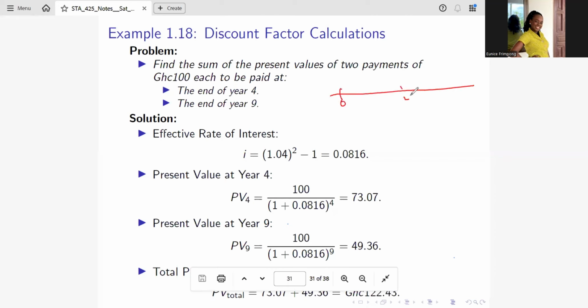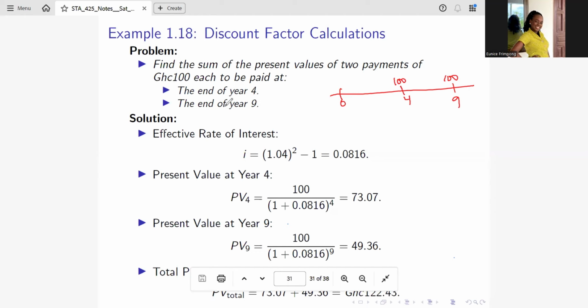So we have here year 4 and then here year 9. 100 is being paid, 100 is being paid. So if you look at the question very well, 100 is being paid at time 4, 100 is being paid at the end of year 9.